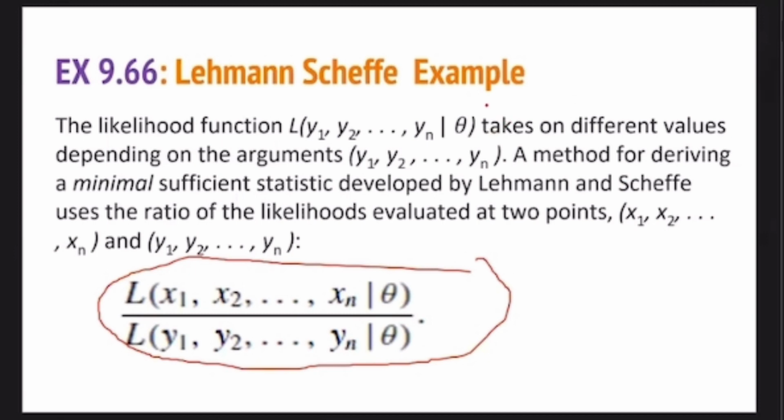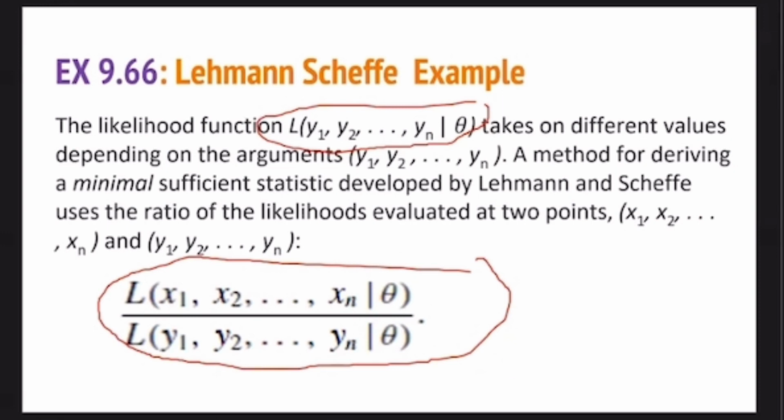First, there's a likelihood for random variables Y1 to Yn, and we're going to have a likelihood for random variables X1 to Xn. Now, when we find the ratio of the likelihoods, we're going to identify the condition under which the ratio of the likelihoods can be independent of theta.